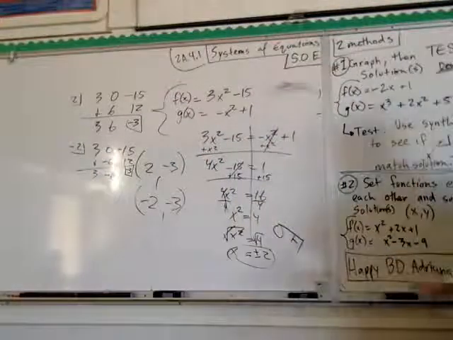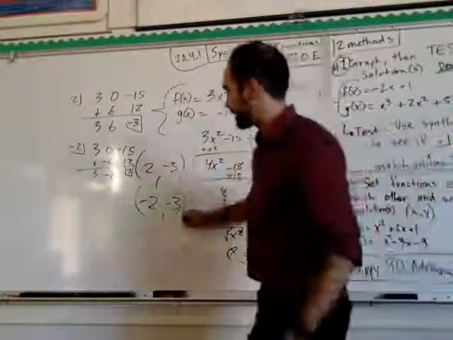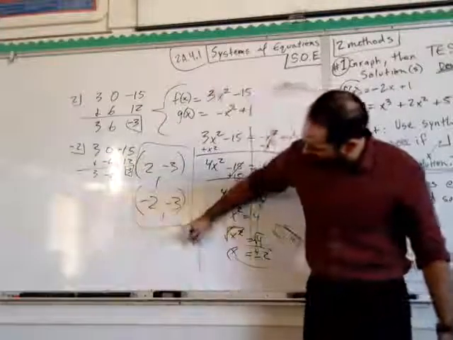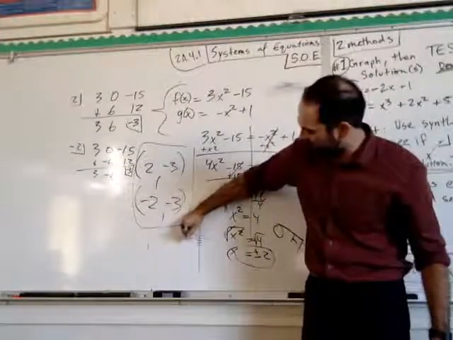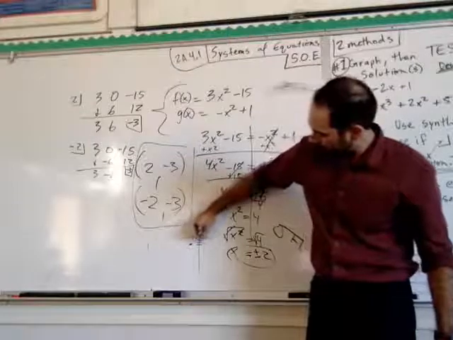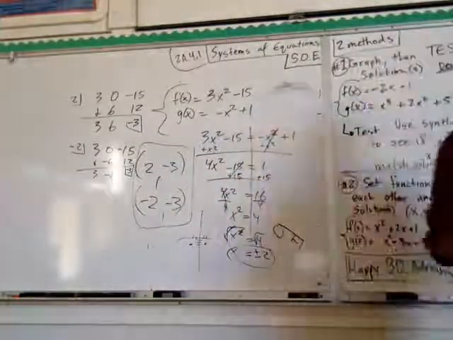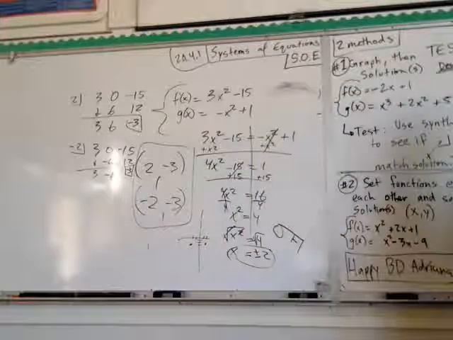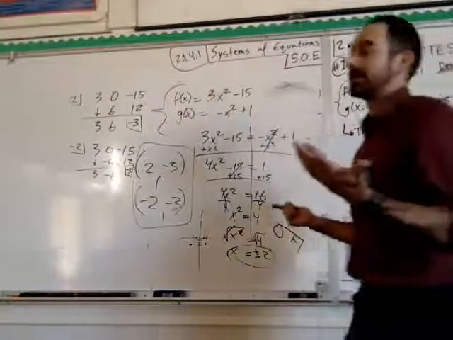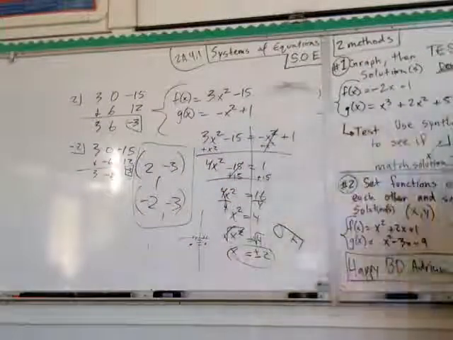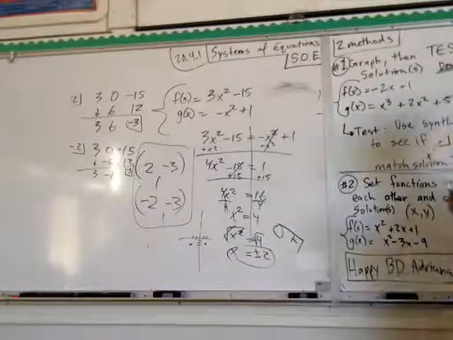Really, with these 2 points that are solutions, both are at negative 3 for y, but one's over here at negative 2, one's over here at positive 2. So it's okay if the y is the same for both of them. If it's exactly the same point, then you might have just done the problem twice.